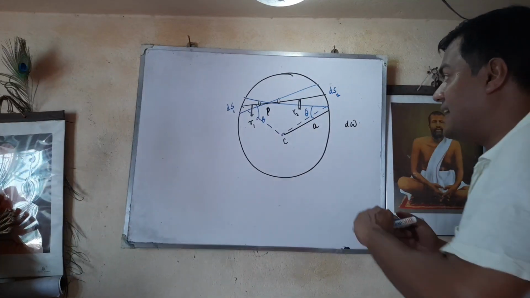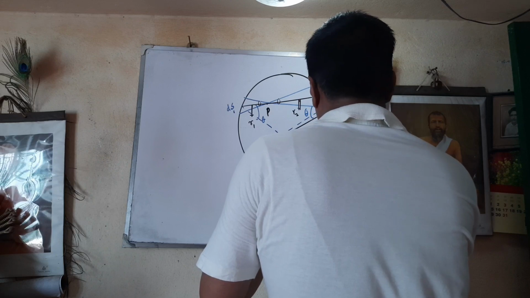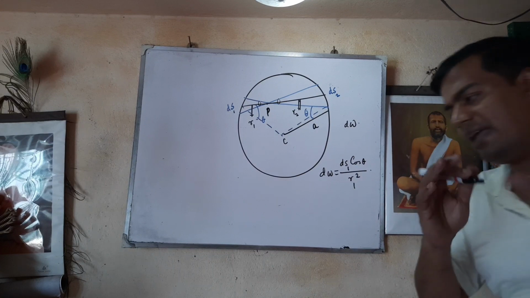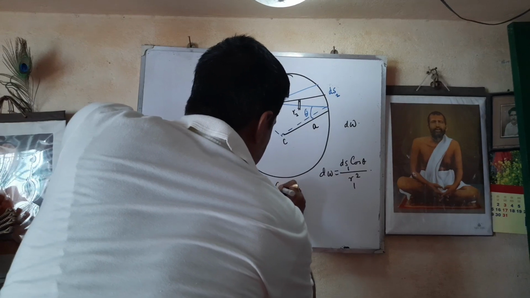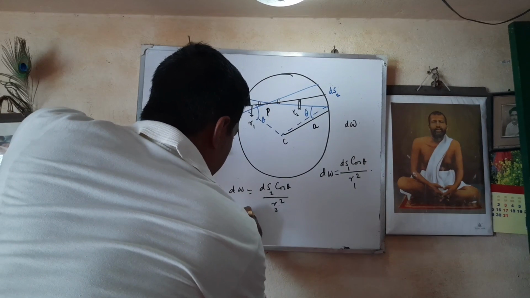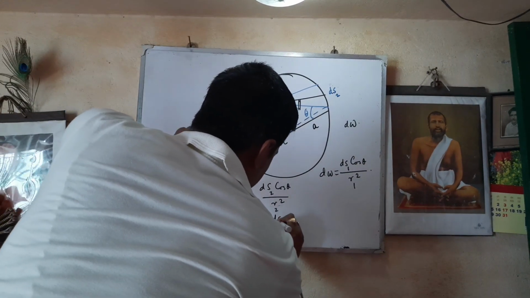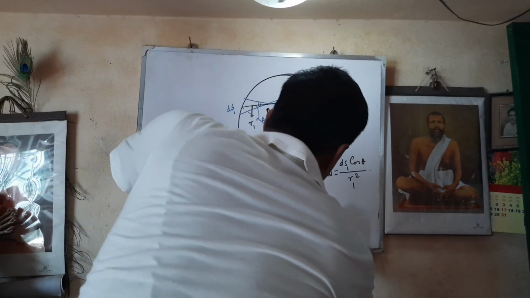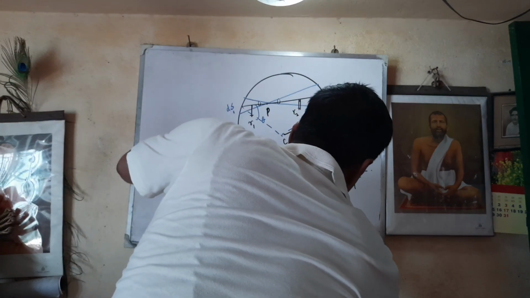So, I can write d omega as ds1 cos theta by r1 squared, normal area by distance squared, or the same thing, ds2 cos theta by r2 squared. That means ds1 cos theta by r1 squared equals ds2 cos theta by r2 squared, that is ds1 by r1 squared equals ds2 by r2 squared.